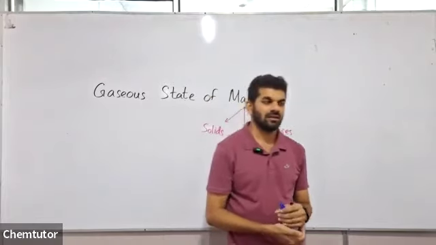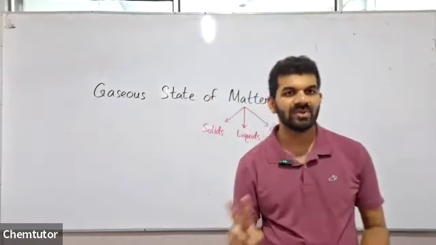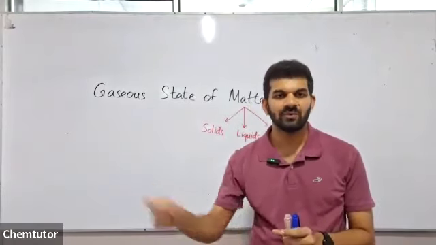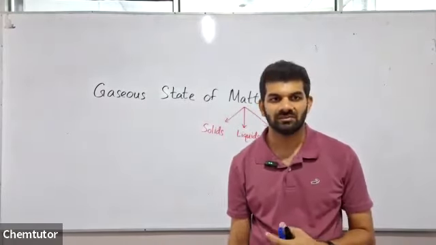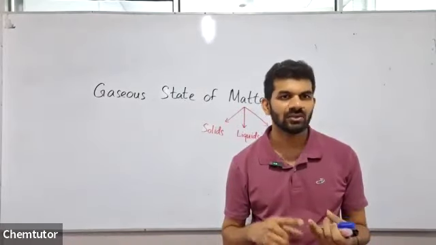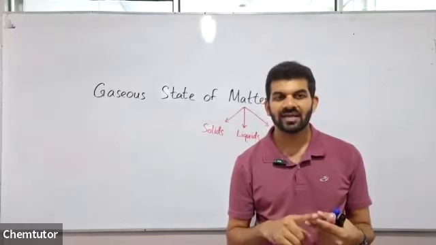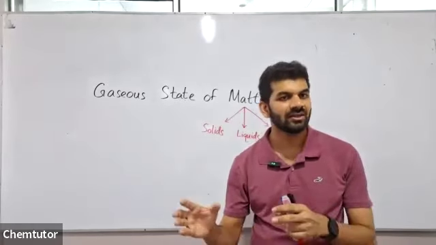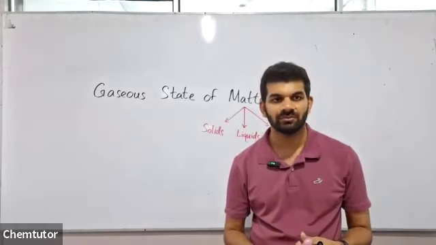Those are the two main equations, but based on them, there are some more equations and laws that we need to learn. For example, we have Boyle's law, Charles' law, Avogadro law, the ideal gas equation, and then the combined gas law. Likewise, there are laws that we have to know.